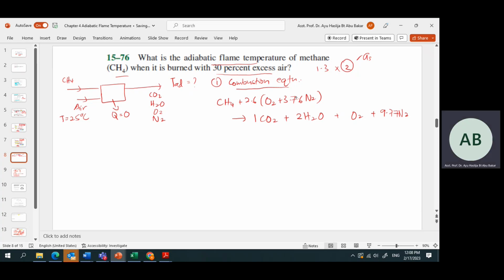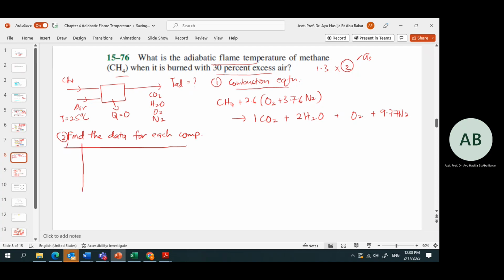Once you generate the combustion equation, the next step is to find the data. Find the data for each component. Generate the table. The Hf.